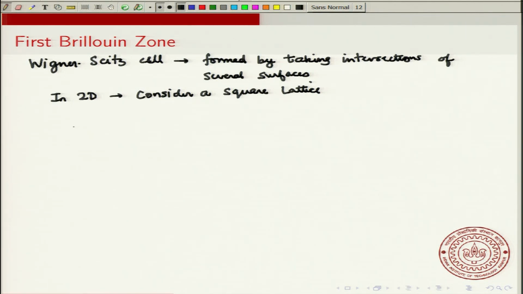If you have a square lattice, let me show one more set of points.